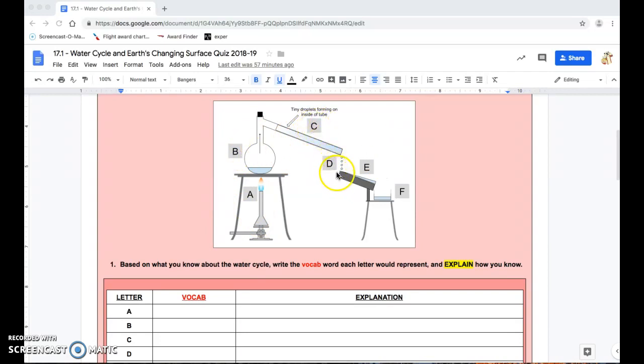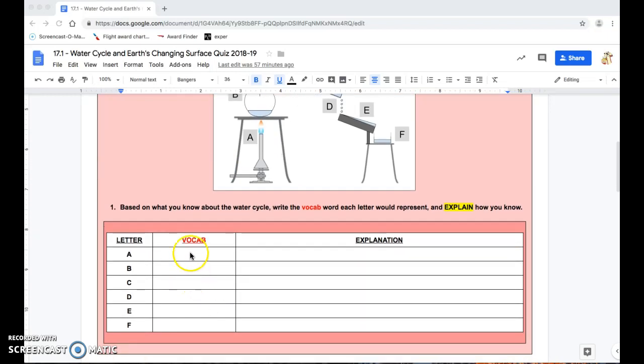C hopefully should be clear. D, all of those should be clear. A, think about what powers this whole cycle. It's not necessarily a vocab word, but you could just put a single word that is what this burner represents. The thing that drives the entire water cycle is what I'm looking for in letter A. So give me the vocab word and, sorry, not a definition, an explanation as to how you know that is the case.